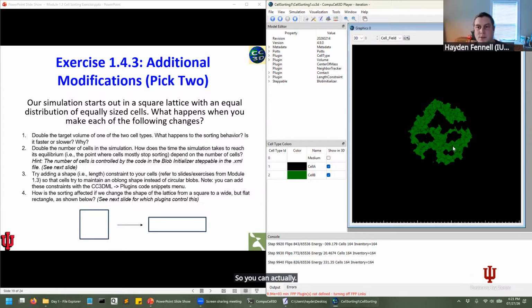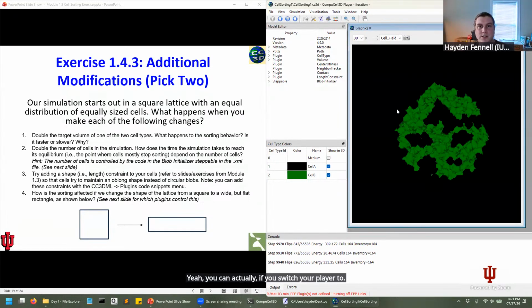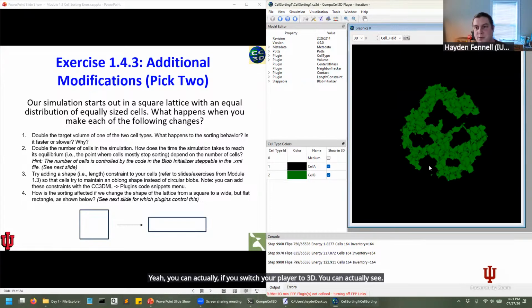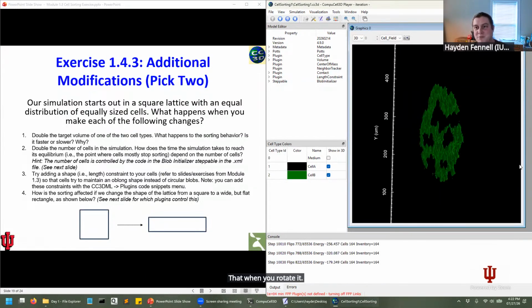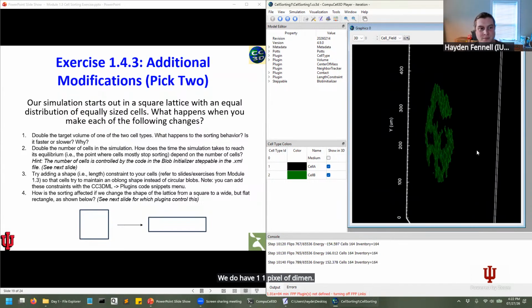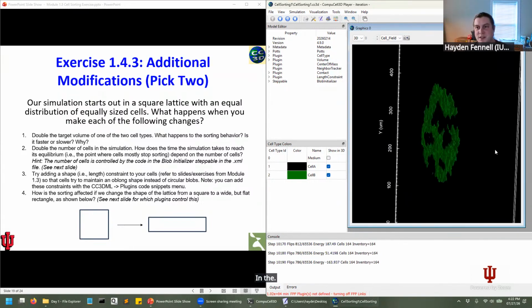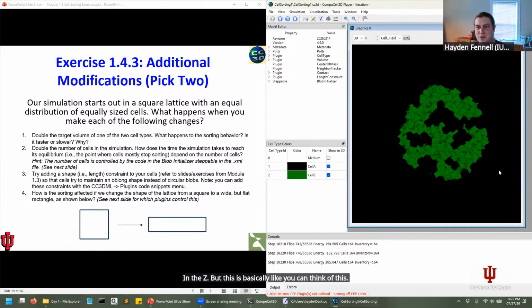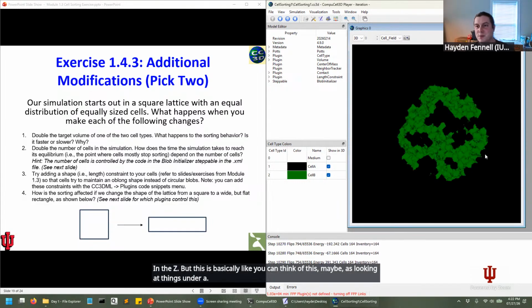Actually, if you switch your player to 3D, you can see that when you rotate it, we do have one pixel of dimension in the Z, but you can think of this as looking at things on a slide under a microscope.